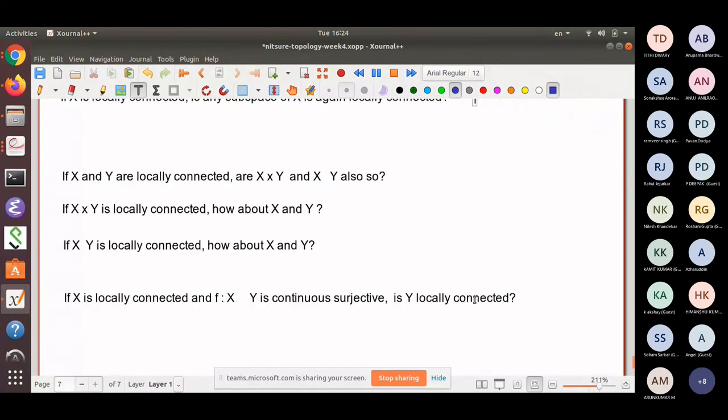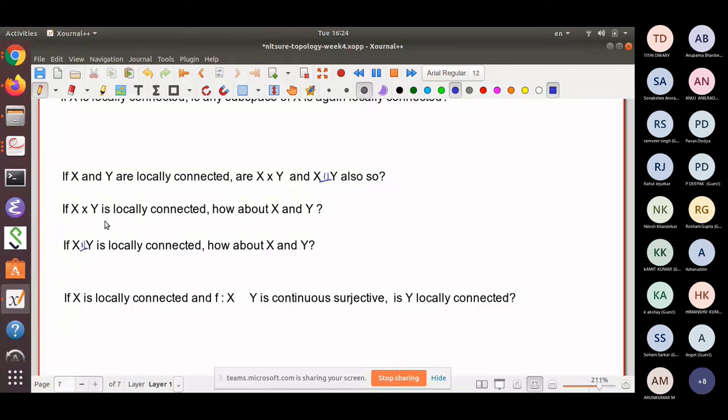Now, if X and Y are locally connected, how about the product? See, we go through all these boring things one after the other because with every new property, you have to check on these things. So I'm not going through the list of these questions.